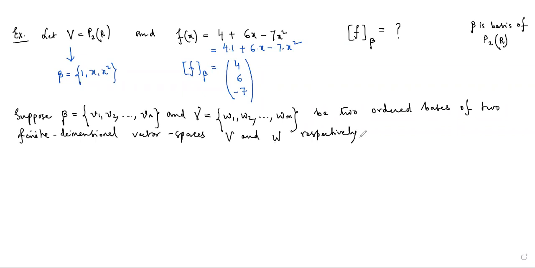Suppose this we have in our knowledge, and let us consider a linear transformation T which is defined from V to W.